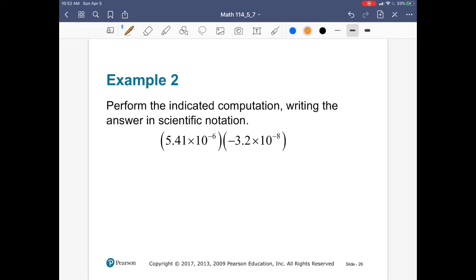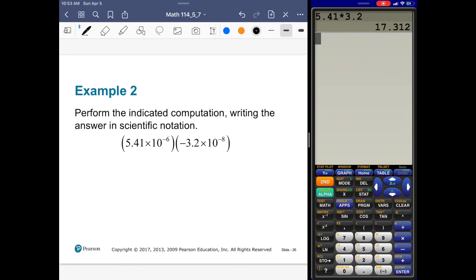So let's see. We have 5.41 times 10 to the negative 6 times negative 3.2 times 10 to the negative 8. Perform the indicated computation, writing the answer in scientific notation.